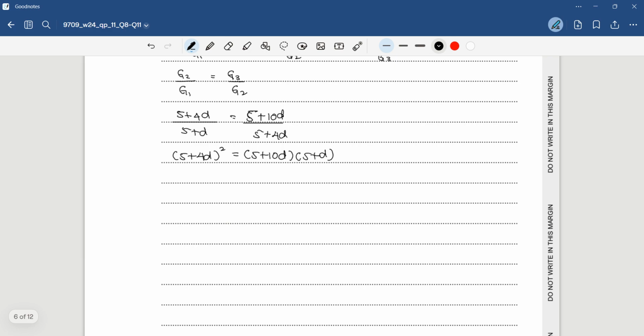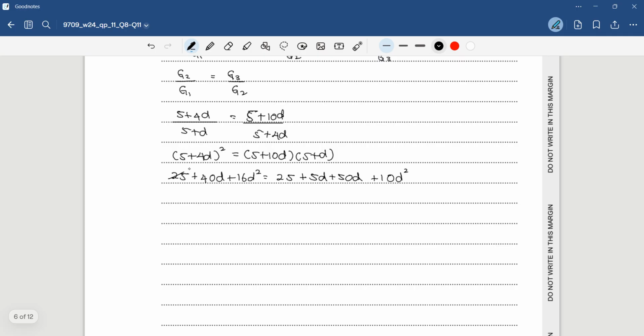So 25 plus 40d plus 16d squared is equivalent to 25 plus 5d plus 50d plus 10d squared.